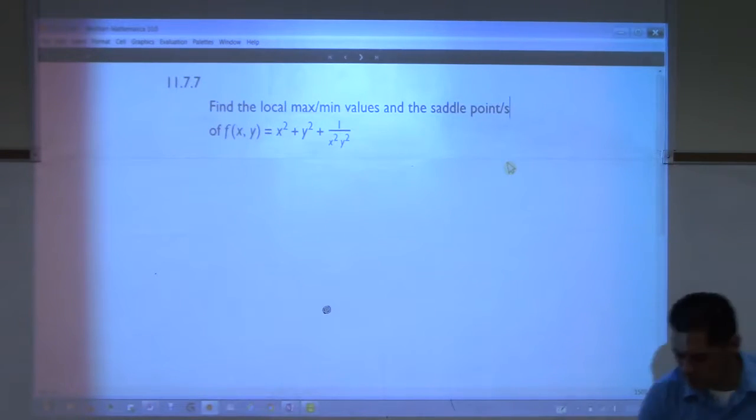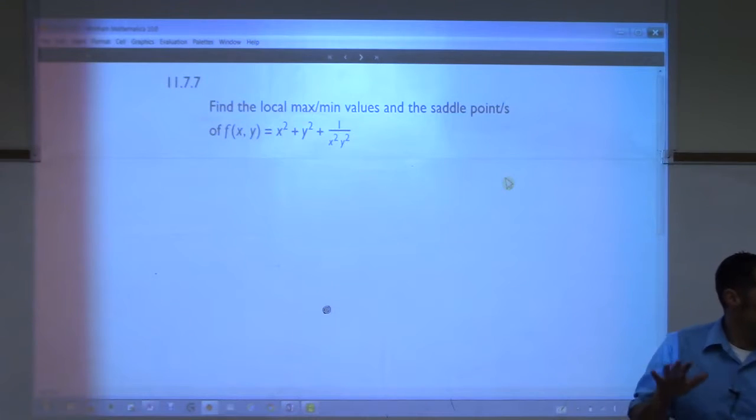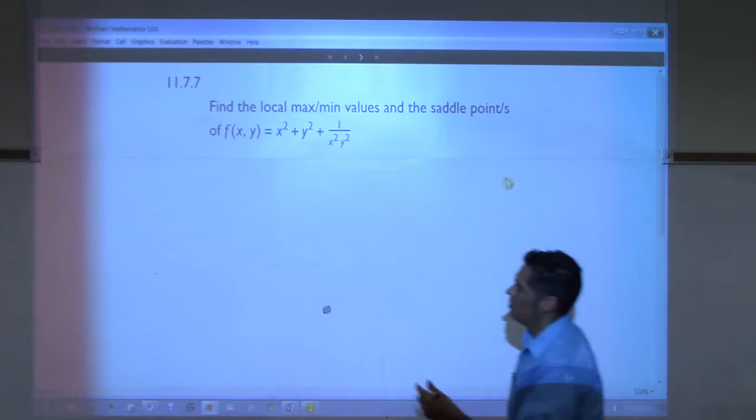Let's try this one. Again, I'm going to start by just doing the first partials. Normally, I will do all the partials if it's an easy function to do partials on. Now this one I'm not saying is hard, but let me first work on getting my critical points.